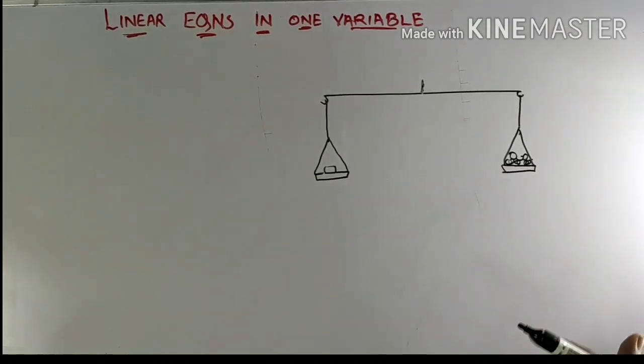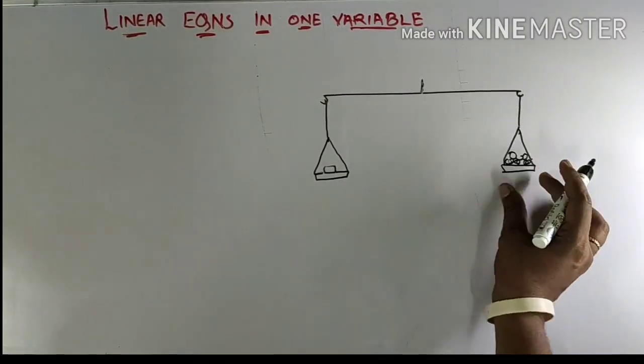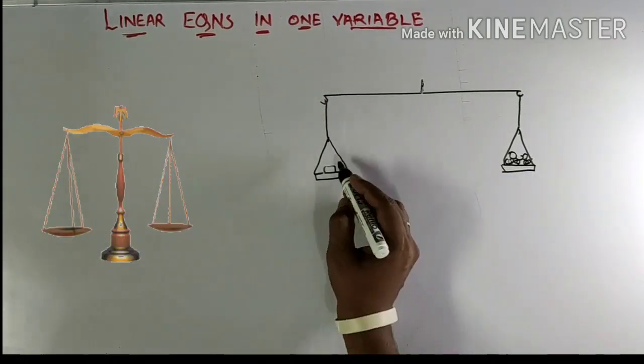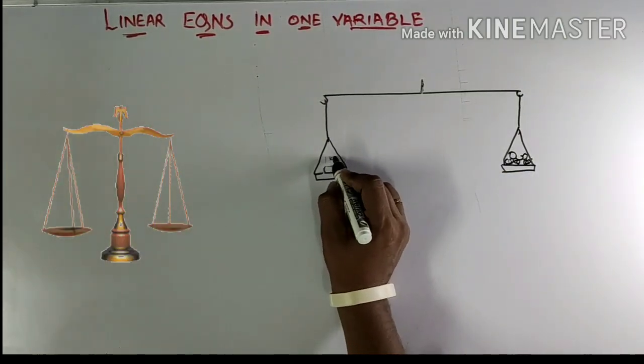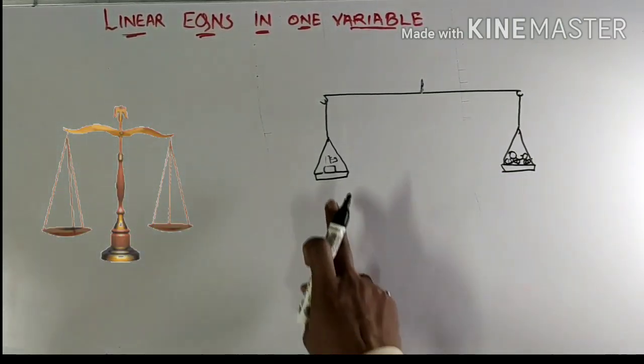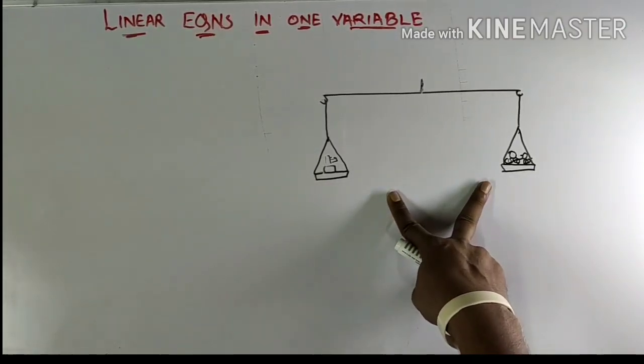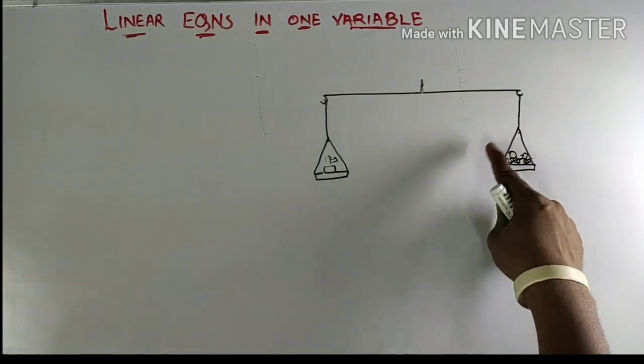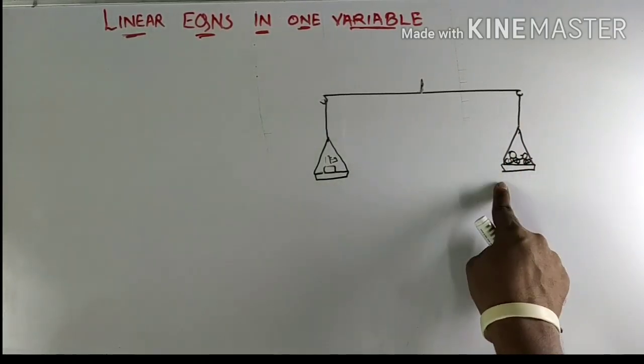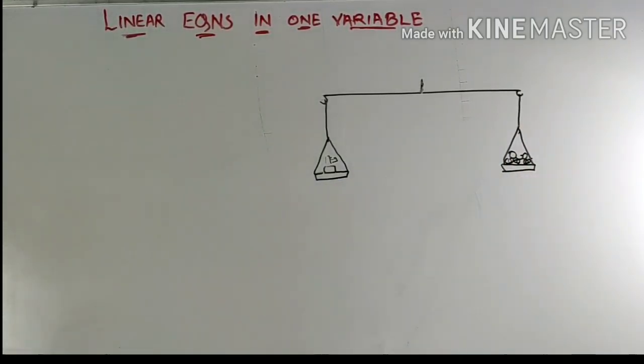Now consider this example that if I have some goods in this pan and a mass of 1 kg in this one. The two balancing means that these goods weigh equal to a mass of 1 kg.